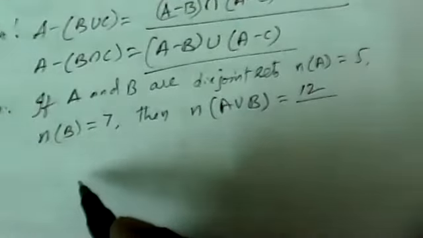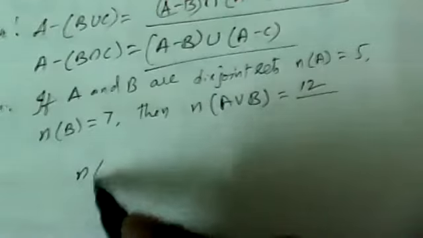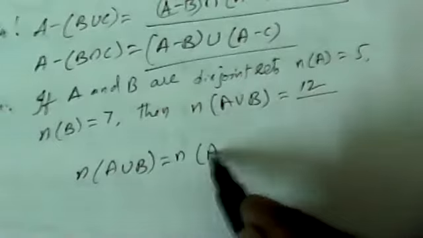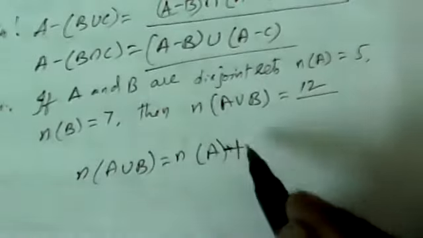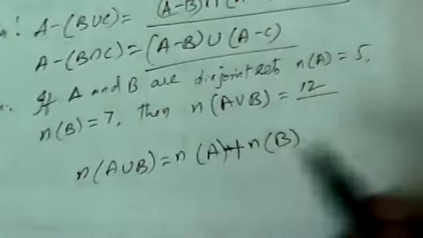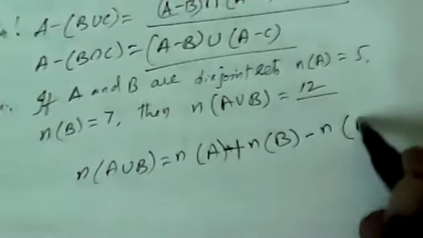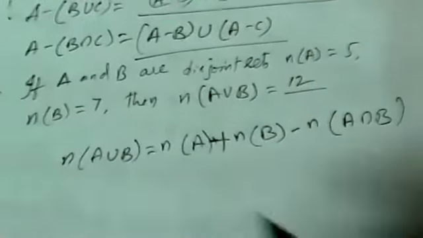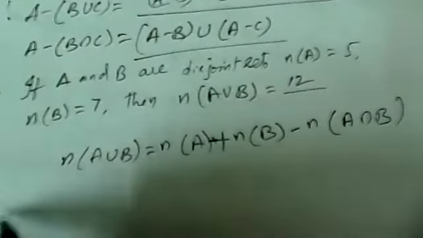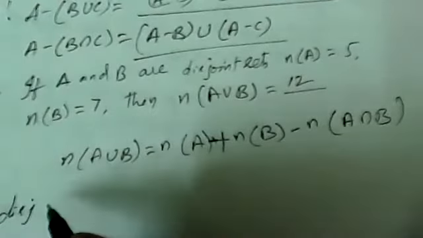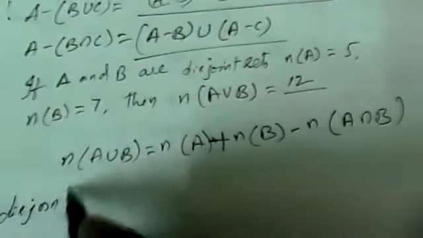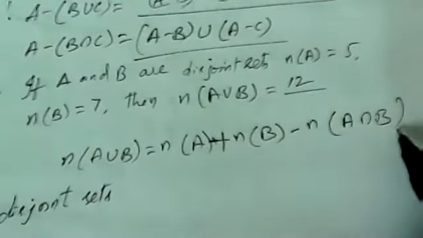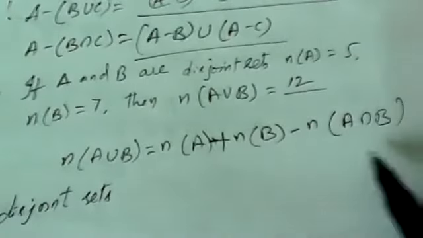So actually we also have the formula regarding that: n of A union B is equal to n of A plus n of B minus n of A intersection B. This is the formula. For disjoint sets, this intersection part will not be there because it becomes 0, since there are no common elements.